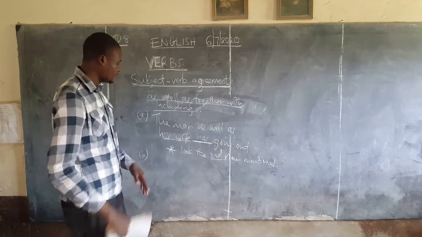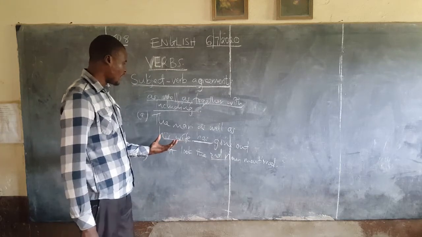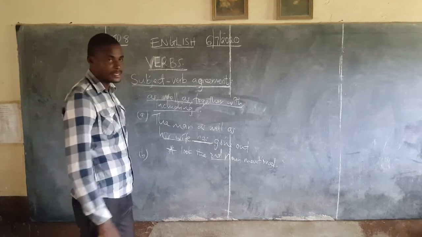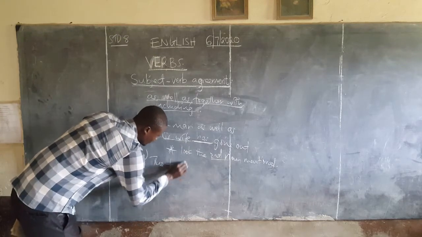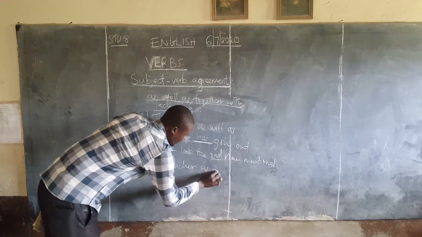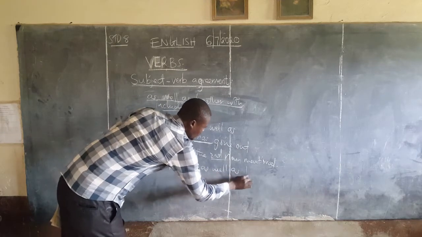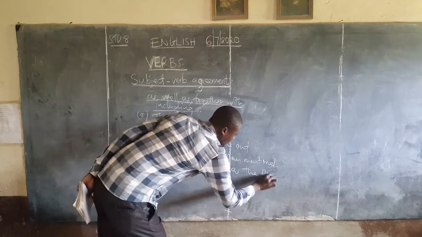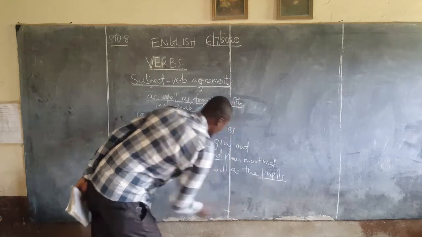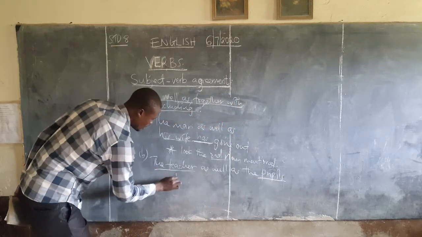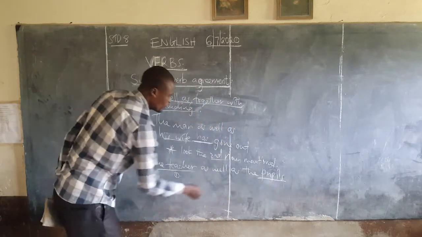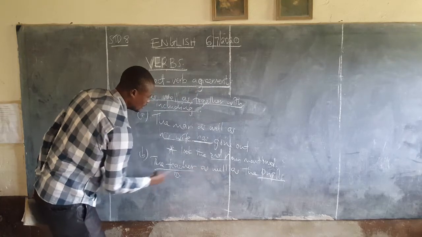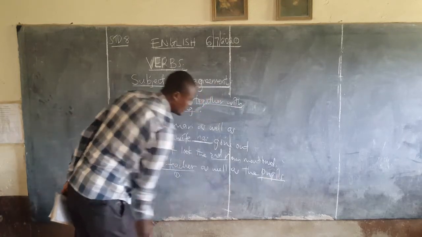If we say the teacher as well as the pupils, the teacher is one. The teacher as well as the pupils. So pupils here are many, but the teacher here is one. This is a singular noun, and this is a plural noun. So we look at the second one after as well, the teacher as well as the pupils.